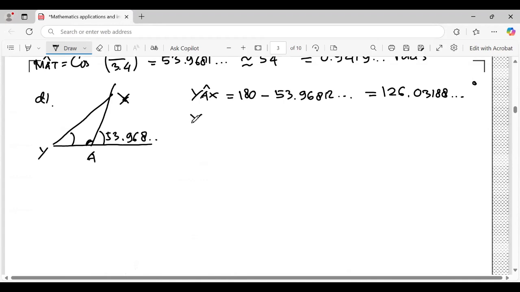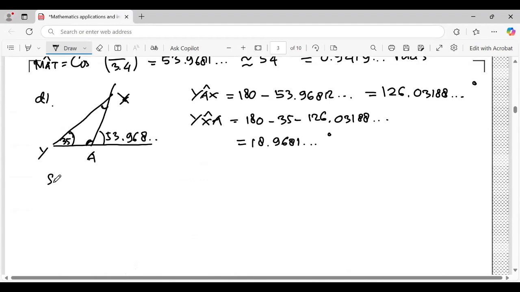And next angle YXA, this angle, equals 180 minus 35 because this is 35, minus 126.03188, so on, and equals 18.9681, so on, degrees. So this is angle YXA, this angle.